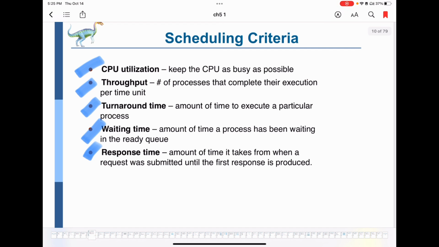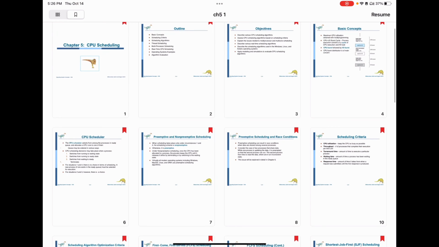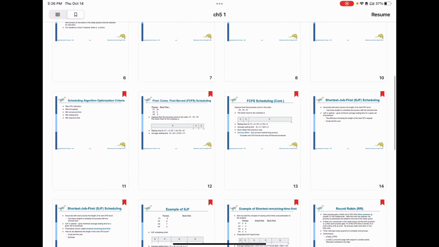O, yun. So, yun yung response time. Pag reply sa'yo, na okay, pwede ka na mai-process. So, ibig sabihin, yun yung response time mo. Kung after 3 minutes siya or 2 seconds, so yun yung response time. So, that is the scheduling criteria. C, T, another T, W, R. Na para may acronym tayo.